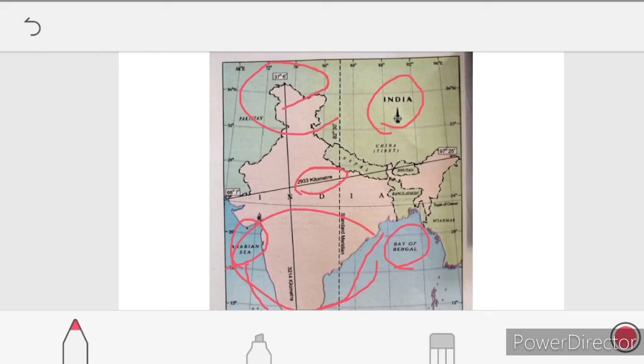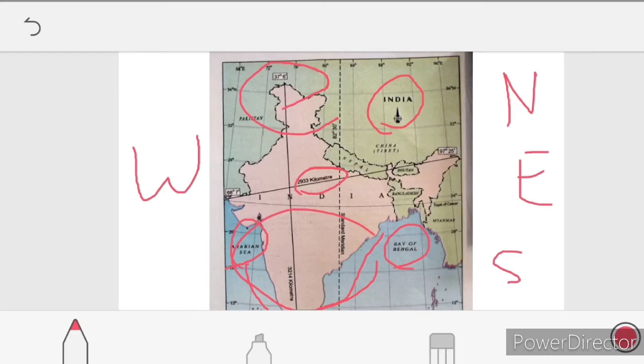When we see any map, we must know about the directions. When we put the map rightly in front of us, the upper side is north, the right side is east, the left side is west, and the below side is called south.